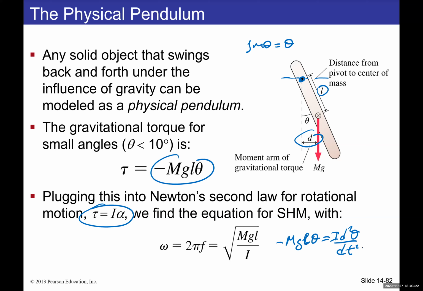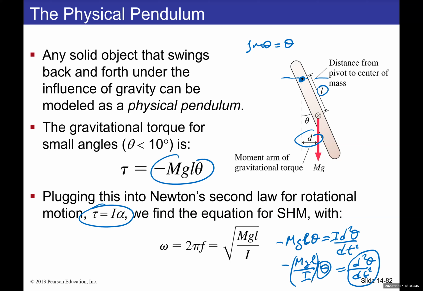Then negative mgl over I times theta equals d squared theta over dt squared, which means the second order derivative of theta is the negative of theta times some constant.